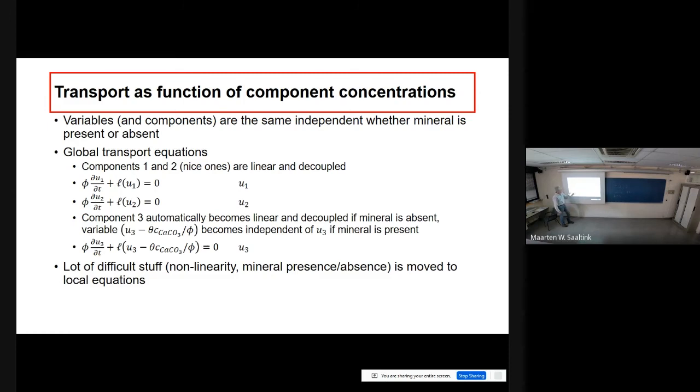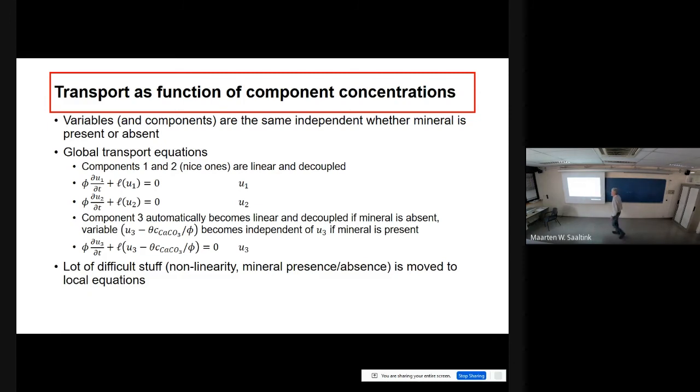And if the mineral is present, this term over here becomes independent of U3. So it can still do some sort of decoupling.